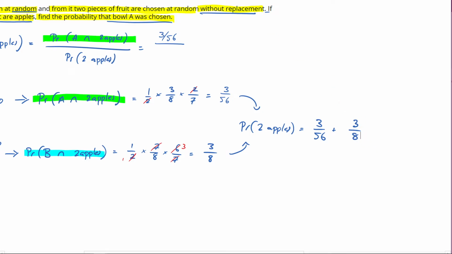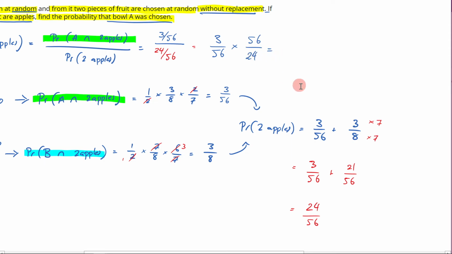In order to do that, I'm going to have to multiply this by 7 on top and bottom, which means I get 3 on 56 plus 21 on 56, which leaves me with 24 on 56. So right here, I have 24 on 56. I would then write this as stay, change, flip. My first one stays, change it, flip it.